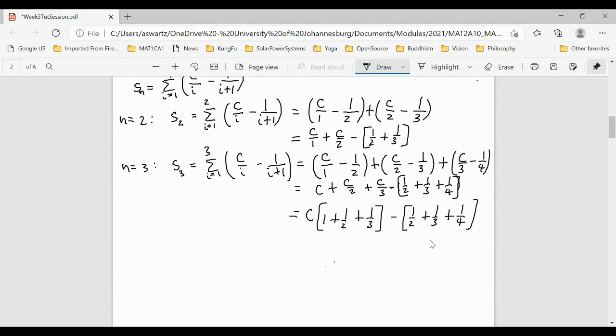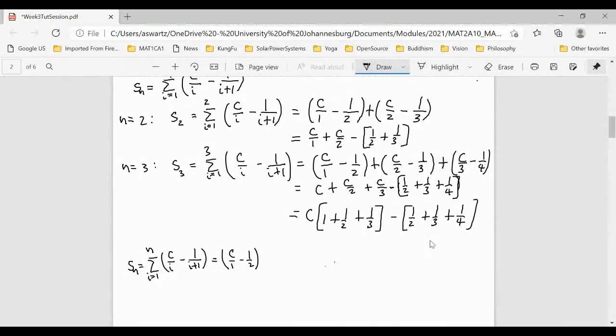So let's see if we can do it for Sn, the partial sum up to n terms. This is going to be the sum i equals 1 to n of C divided by i minus 1 divided by i plus 1. And this is going to be equal to, okay, so we know the first term is going to be C divided by 1 minus a half.